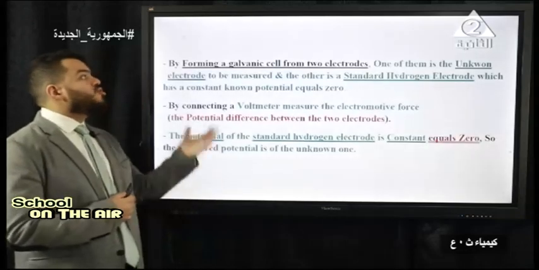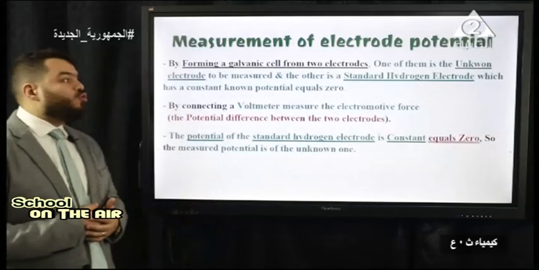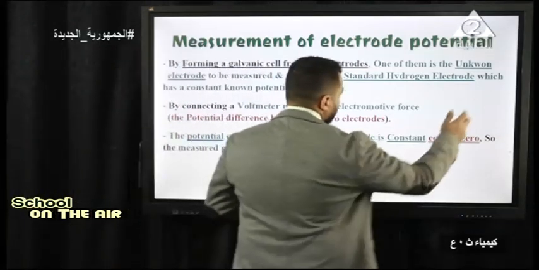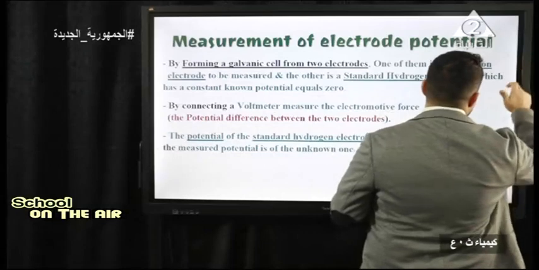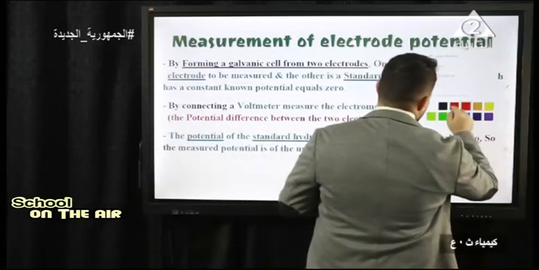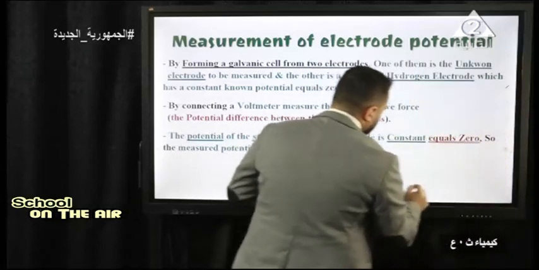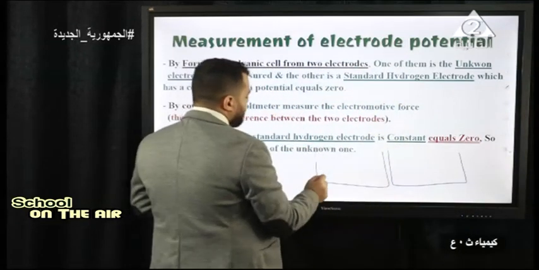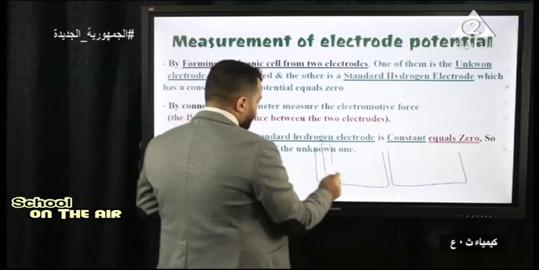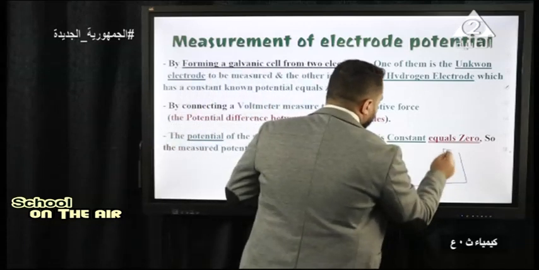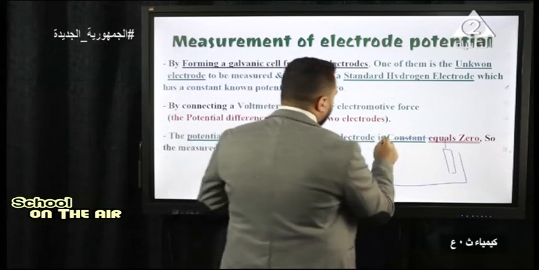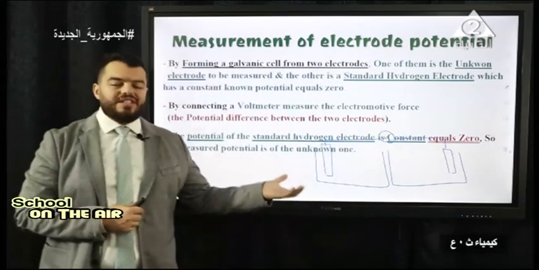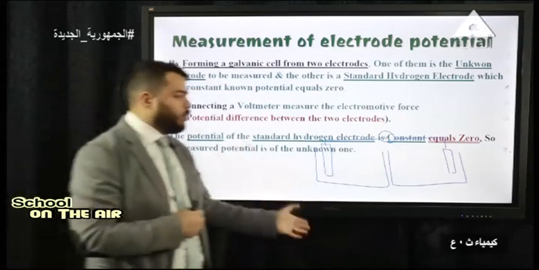Okay, to measure any electrode potential, you have to make a galvanic cell and choose one of the electrodes to be the standard hydrogen electrode, and the other electrode will have the unknown potential. Why? You know that we have to connect a voltmeter, and this voltmeter is used to measure the potential difference between the two rods.